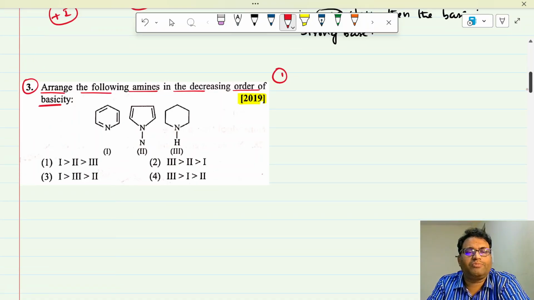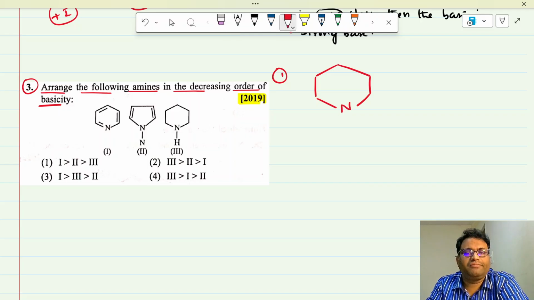Let us see the first molecule, right? In this molecule, nitrogen is here. This nitrogen, you are given bonds.